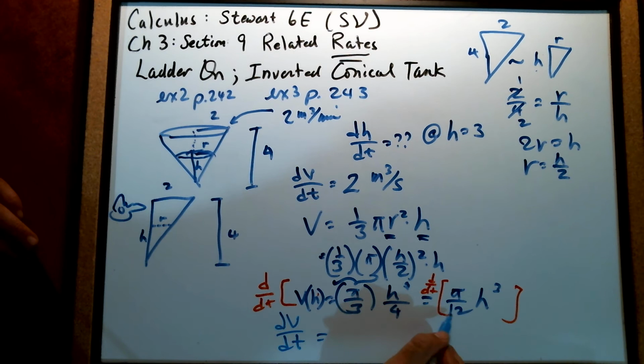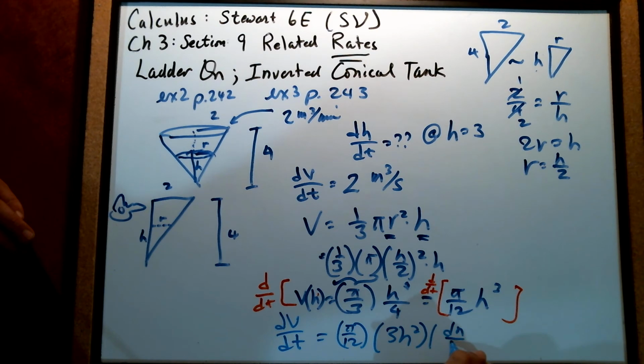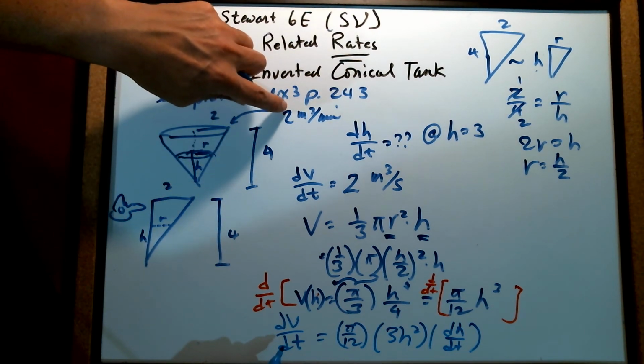On the right side, the pi over 12 will stay out in front. The derivative of h cubed is 3h squared times dh/dt. This is the portion that's the chain rule. dV/dt, they give it to you, which is going to be 2.